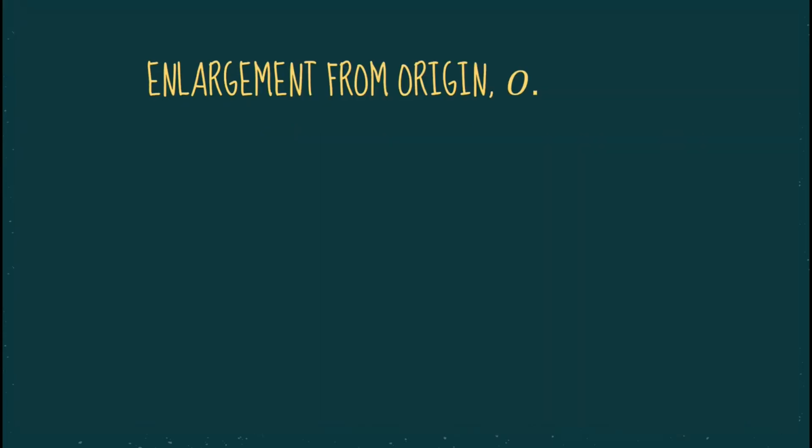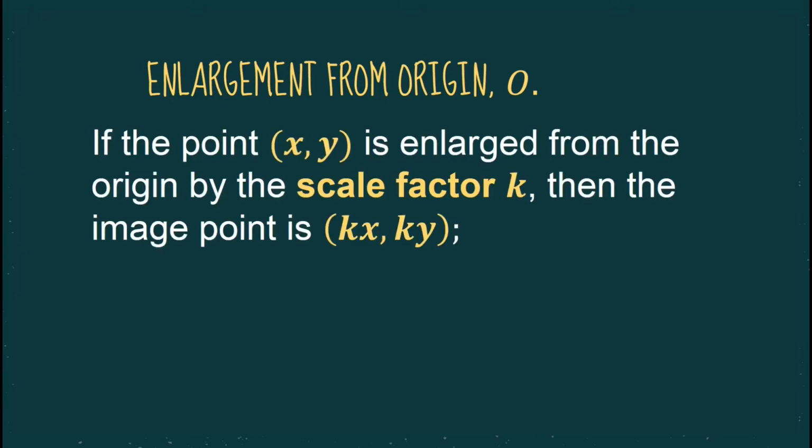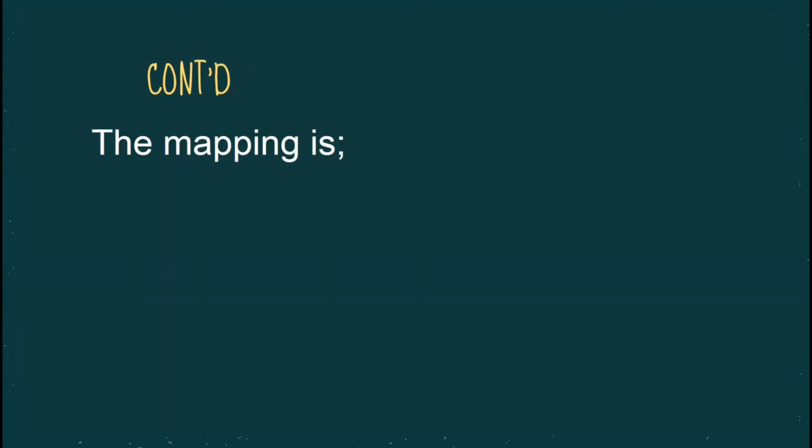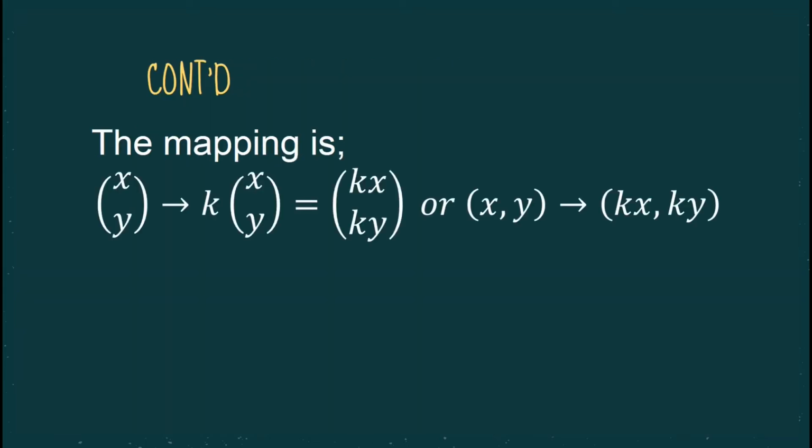Now let's talk about enlargement from the origin O. If the point (x, y) is enlarged from the origin by the scale factor k, then the image point is (kx, ky). The mapping is: anytime I have an object point (x, y) and I'm enlarging using a scale factor k, what happens is that the scale factor, which is the k, will multiply both the x coordinate and the y coordinate.